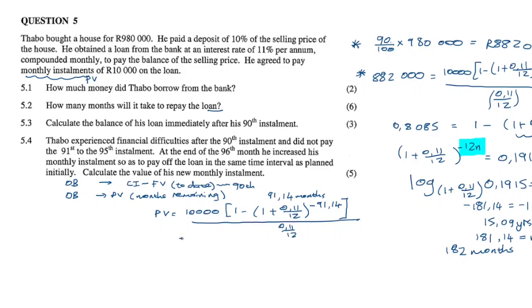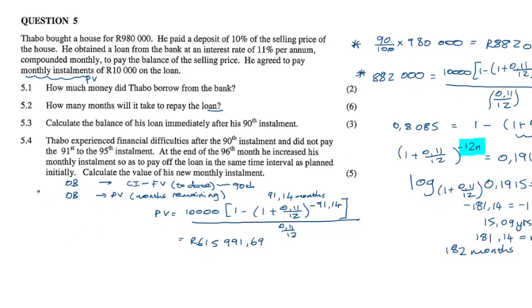And that will give us our answer in one shot, just like that: 615,991.69. So that's what his outstanding balance is after the 90th payment.